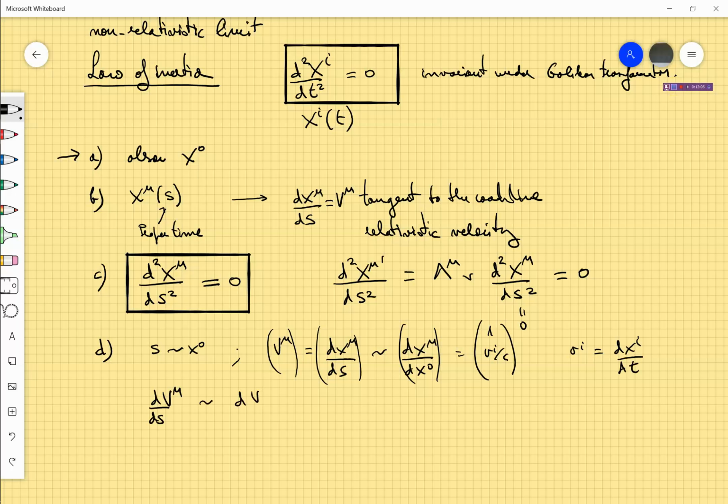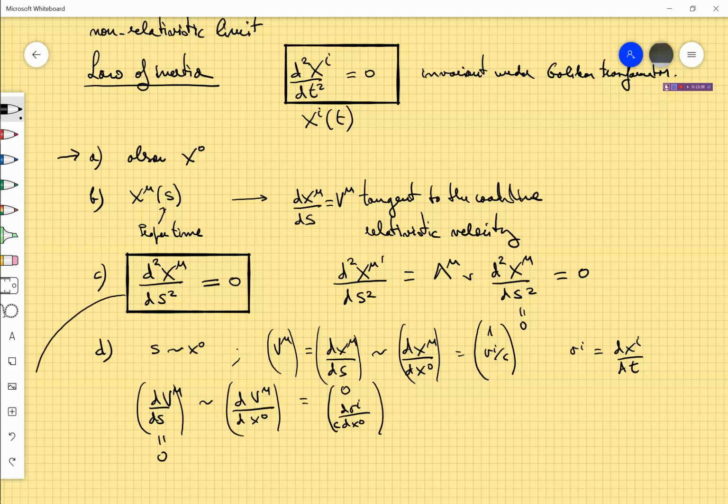Again, this is the derivative of this with respect to x0, and if I write this as a vector just to write all the components, this gives 0, and the derivative of vi with respect to x0 with another c here. So this is equal to 0.